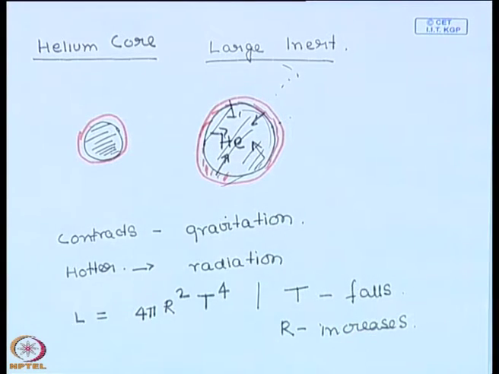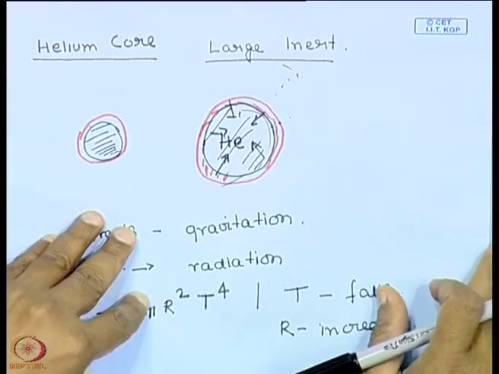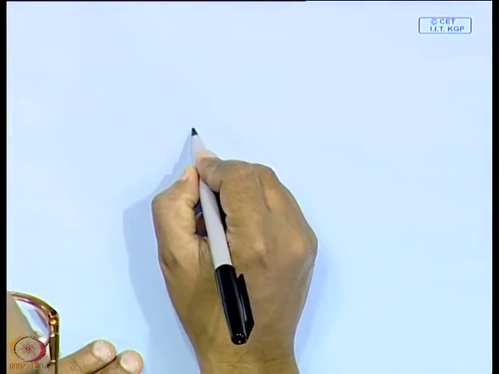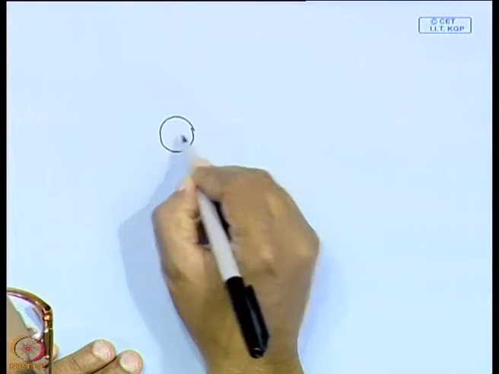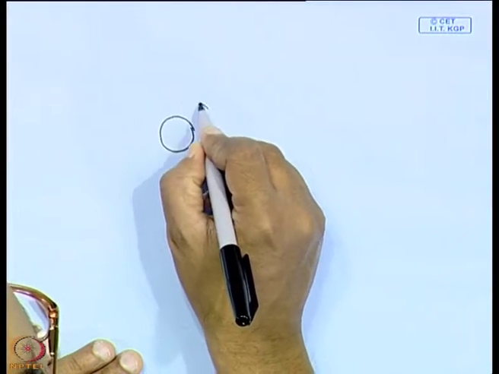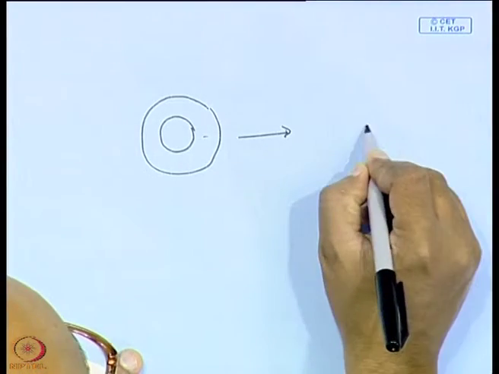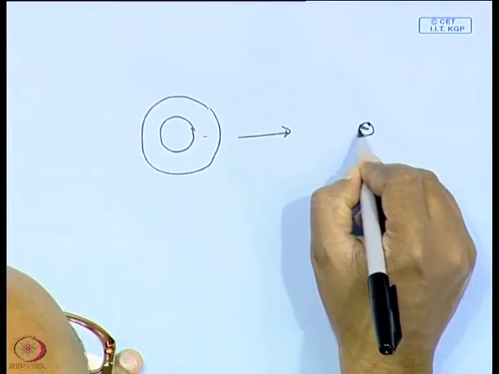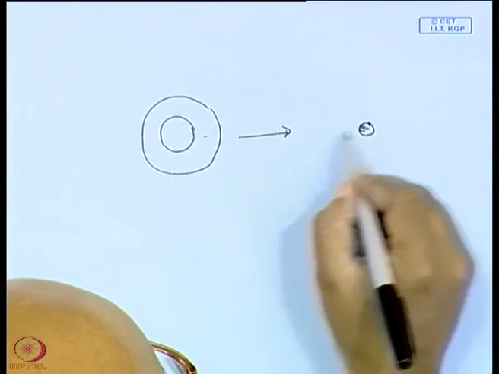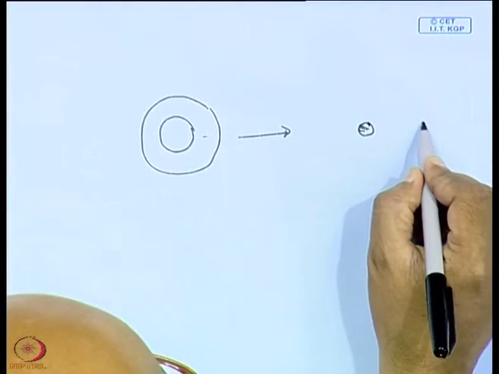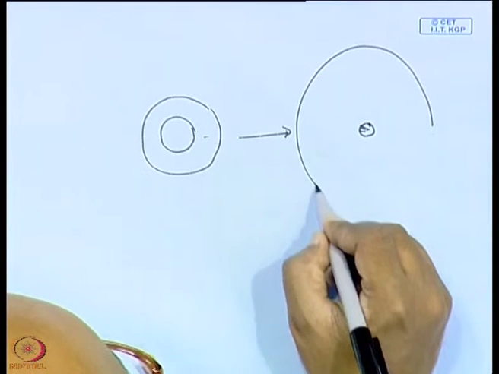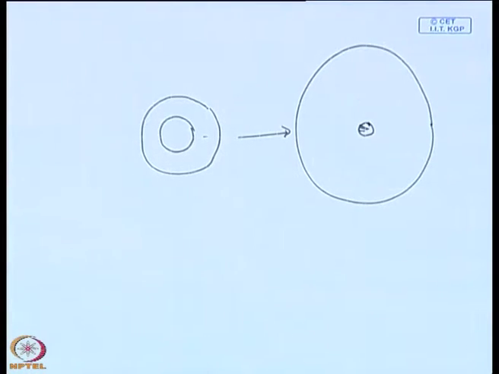Let me draw a picture again. This is the core, this was my star. The helium core collapses, it becomes smaller, contracts gravitationally, and it gives out more energy. So, the rest of the star increases in radius.